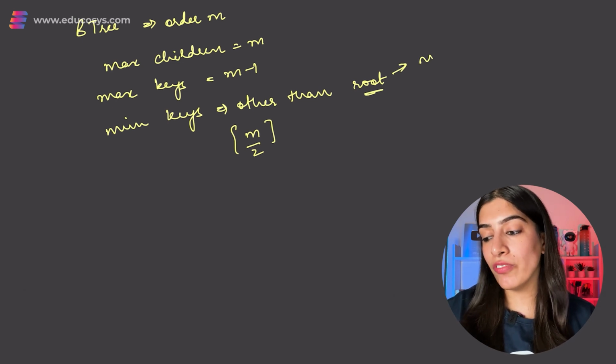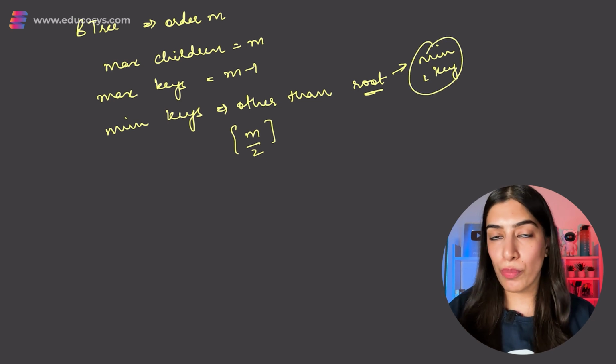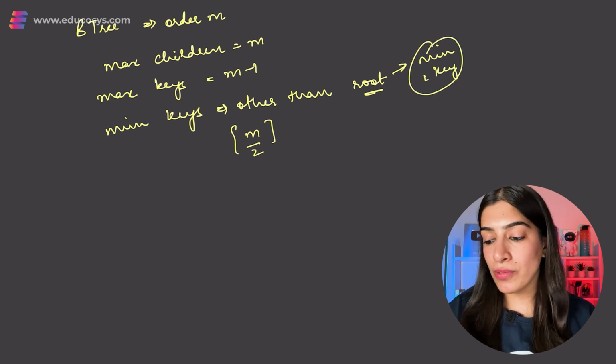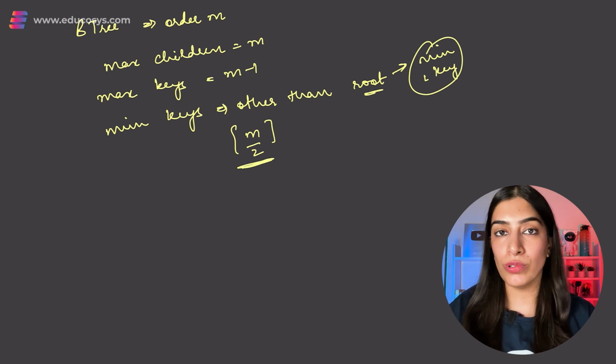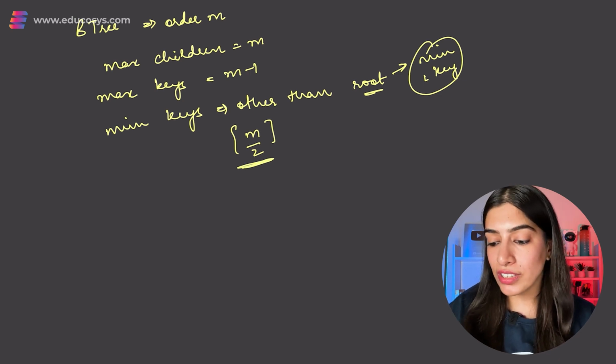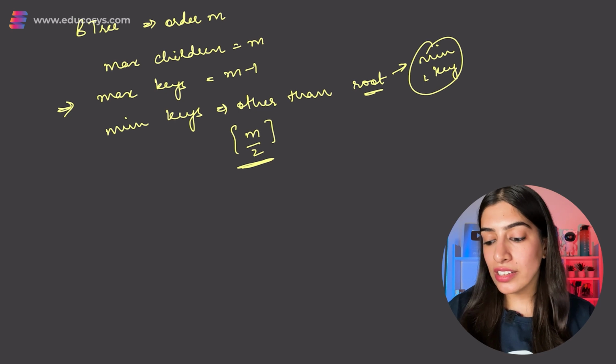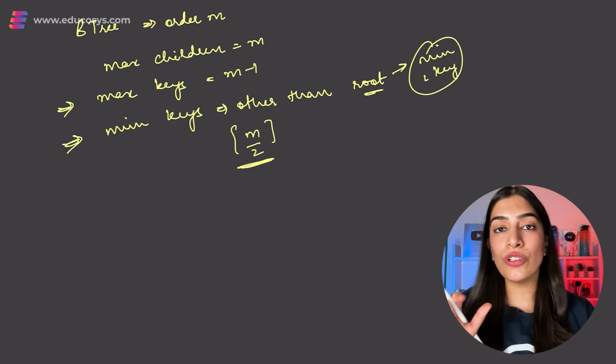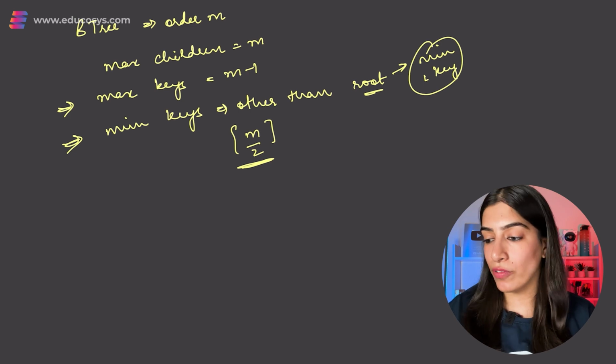It can have a minimum of 1 key also. So at least 1 key is what the properties say. The root can have a minimum of 1 key, but all the other nodes should have the minimum of ceiling of m by 2 keys. So these are the main properties. If you just see the max number of keys and the min number of keys, you should be able to understand how many keys this B-tree will have at maximum and at minimum.